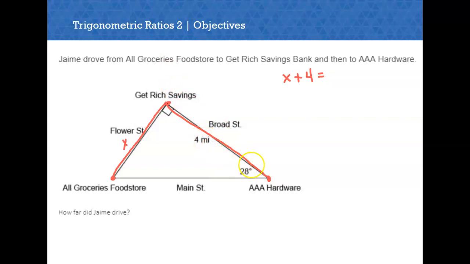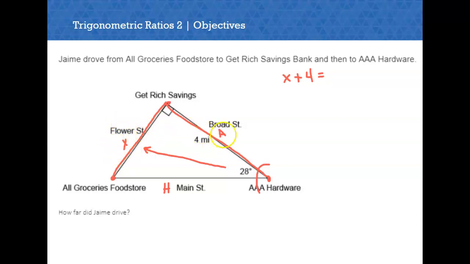But what I need to see here is what I have and what I'm missing. So notice that I have the adjacent because across from my 90-degree angle is my hypotenuse. So now I have the adjacent, and then here's my 28-degree angle, and this is my opposite side. So I need to know the opposite.